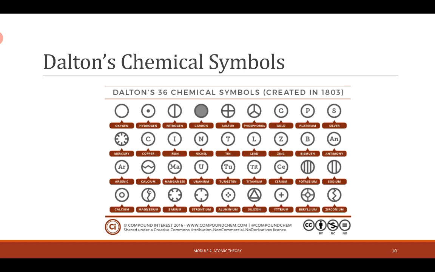Not all of the elements were known at the time, but you can see which elements were known before he even came up with this atomic theory. These elements have been known in human history for a very long time.